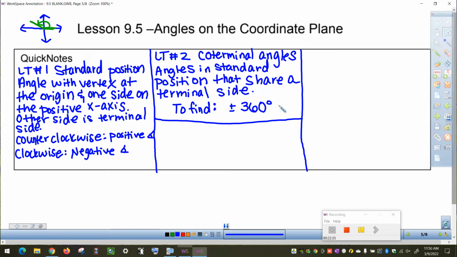All right, our third learning target here was to use an inverse trig function to find a missing angle. So let's say find missing angle using inverse.